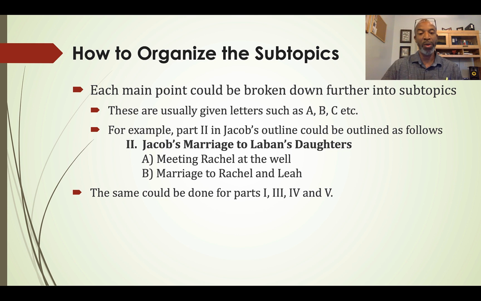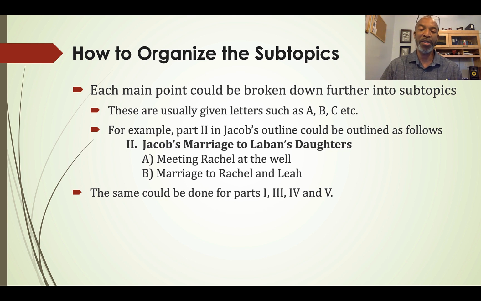As we begin to fill in the details of the outline, it becomes a great tool or guide to help us plan our story. Then you can more easily write the story, or if you're doing a presentation, more easily develop your presentation. The same thing could be done for parts 1, 3, 4, and 5.